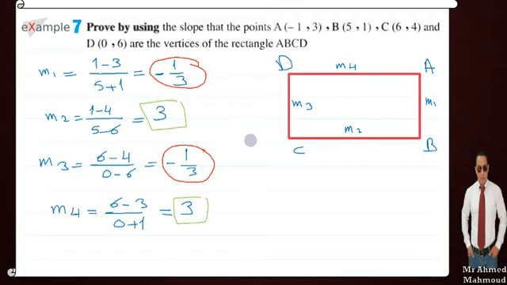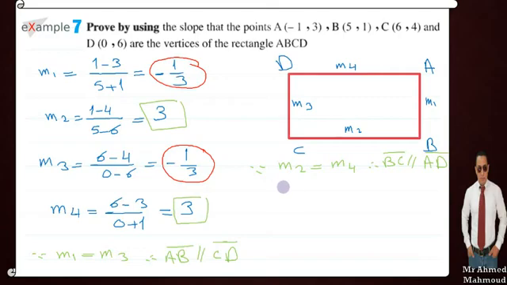Therefore, since M1 equals M3, AB is parallel to CD, and since M2 equals M4, BC is parallel to AD.